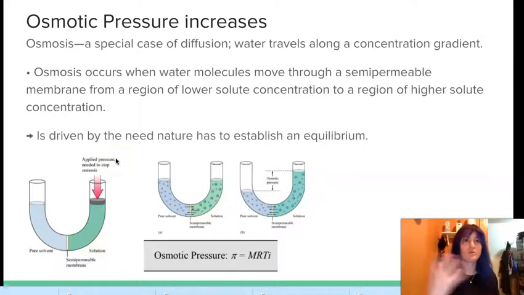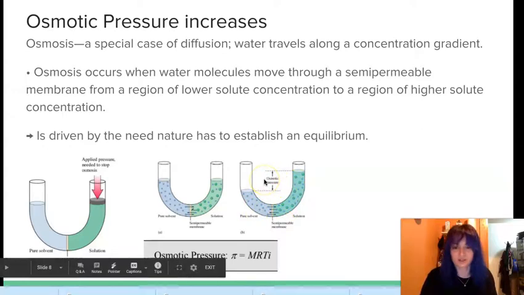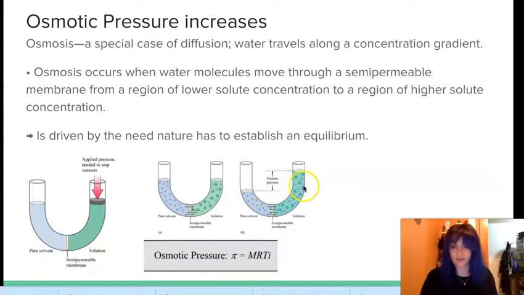So water will move to try to create equal concentrations on both sides of the membrane. In this example, you have solvent and then the solution. Water will travel from the left to the right side to try to make those concentrations equal. And as you can see, the water level could actually be different and will be.